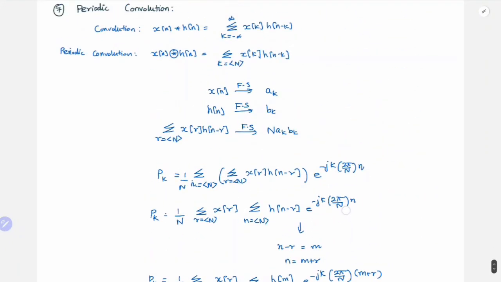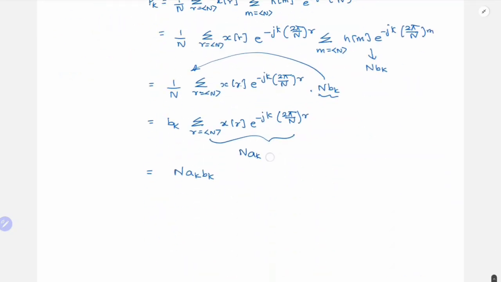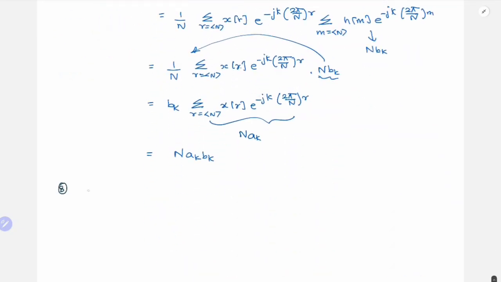So next let us see the multiplication property. Multiplication. So let's say x of n, I have Fourier series coefficients ak, and my y of n I have Fourier series coefficients bk. I need to find out what is my Fourier series coefficient for x of n into y of n.